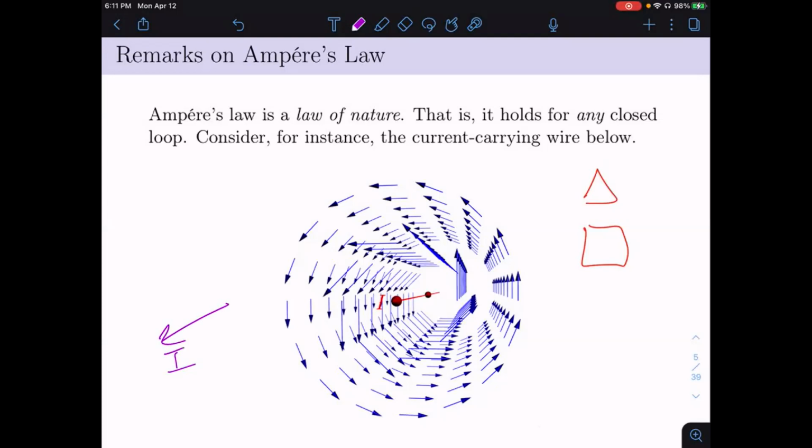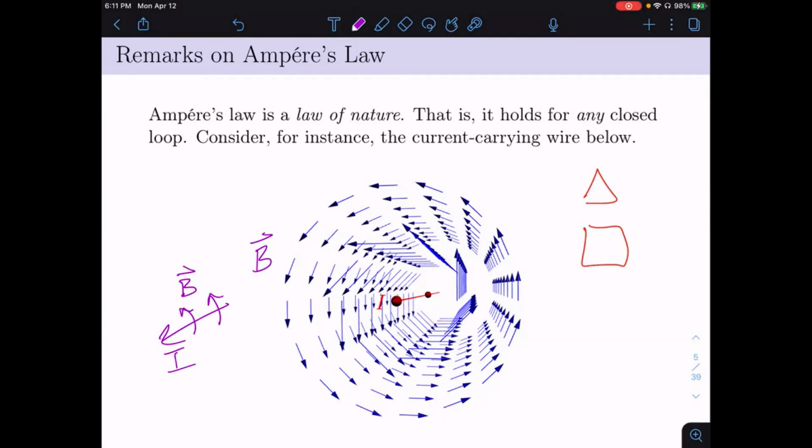In this case, I've got thumb out of the page, towards me, and my fingers curling in a counterclockwise direction. That would give my B field that same counterclockwise direction. That's what this image is trying to show you, a cool little interactive image, of the B field made by a current carrying wire with the current coming out of the screen.